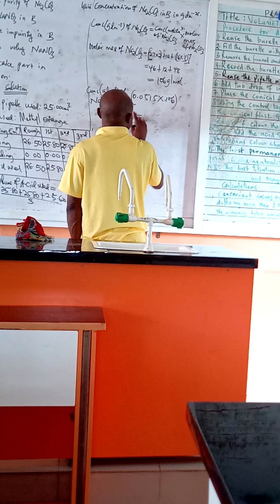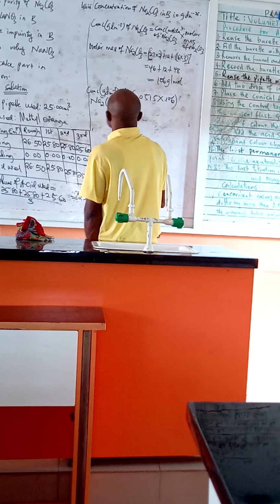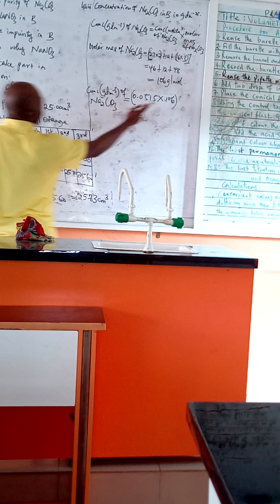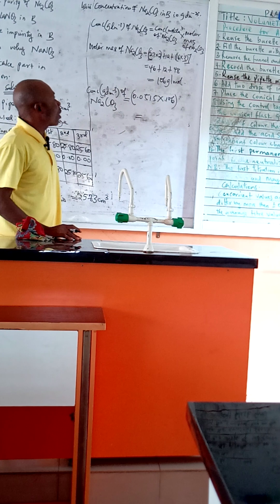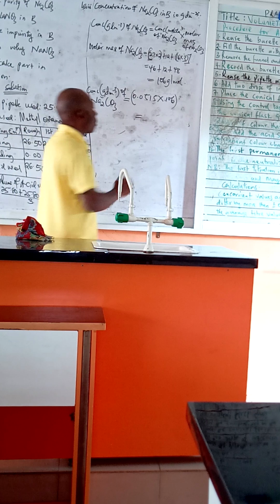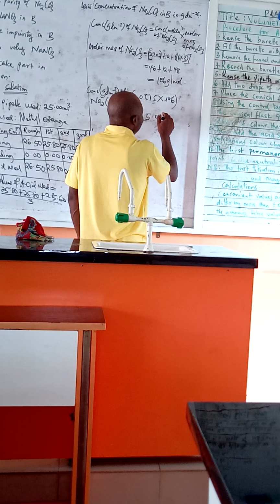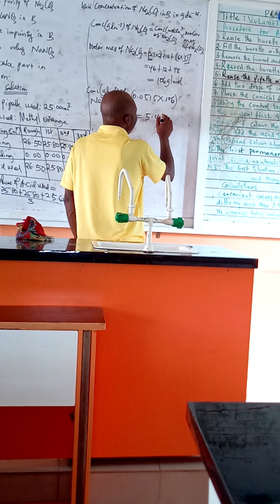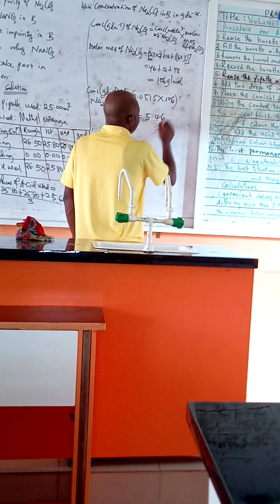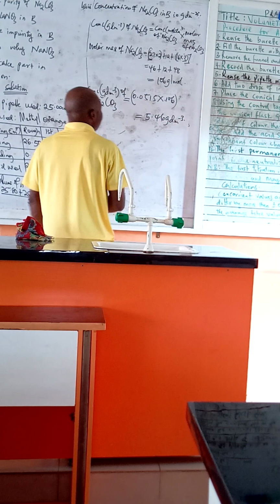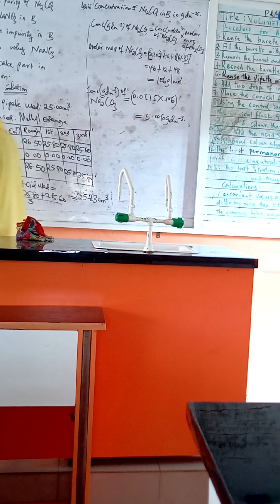If you punch your calculator very well, 0.0515, which is this value here as CB, multiplied by 106, the molar mass of Na2CO3, you have 5.459. So to 3 significant figures, it is 5.46 gram per dm3.